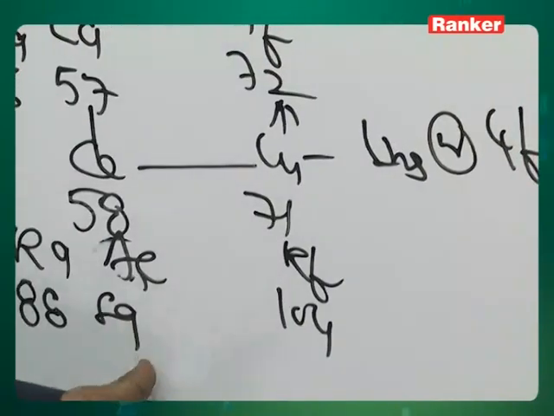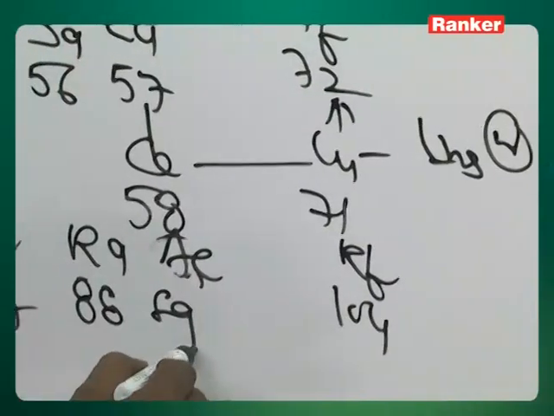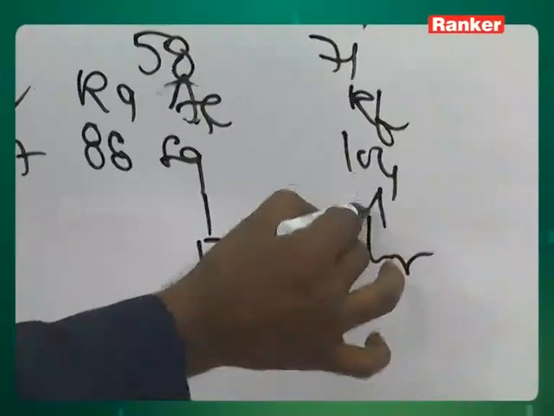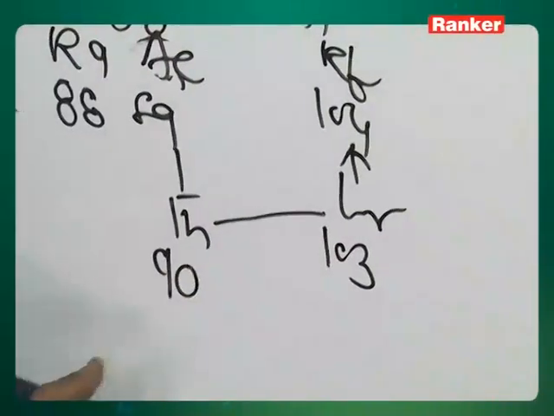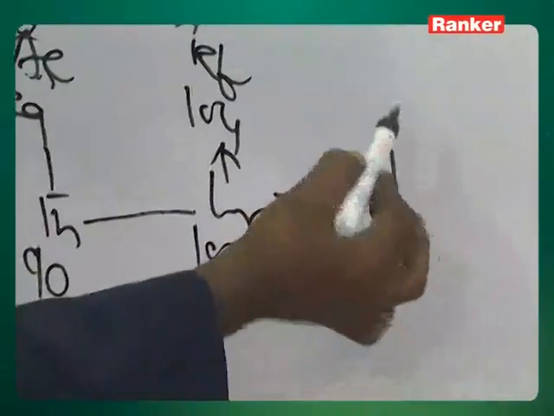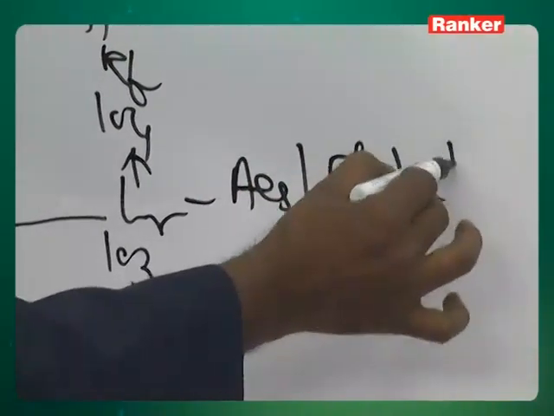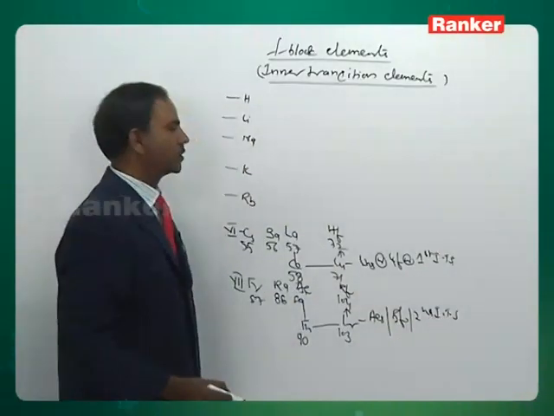In between 89 and 104 rutherfordium, the 14 elements, thorium 90 to lawrencium 103, are known as actinides, or the 5f series, or the second inner transition series.